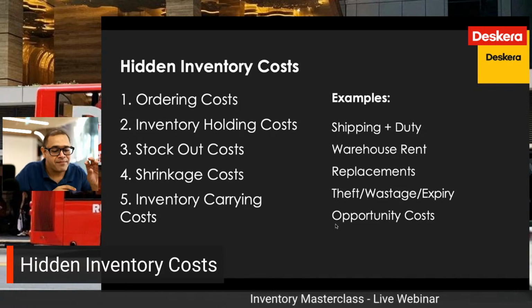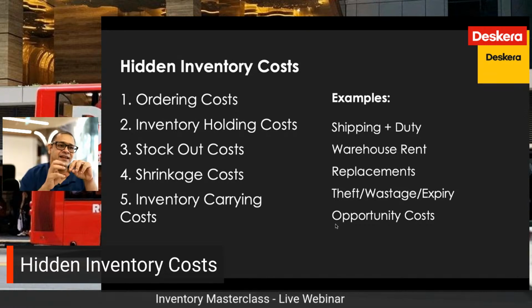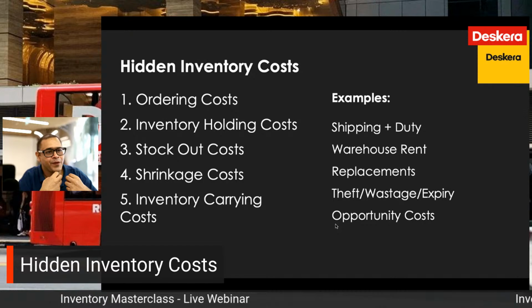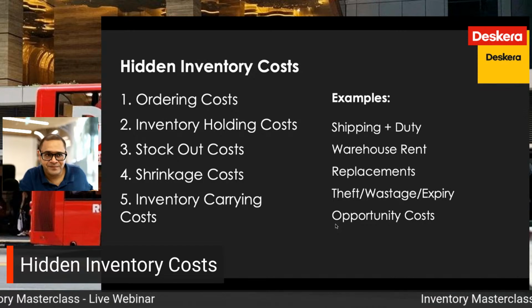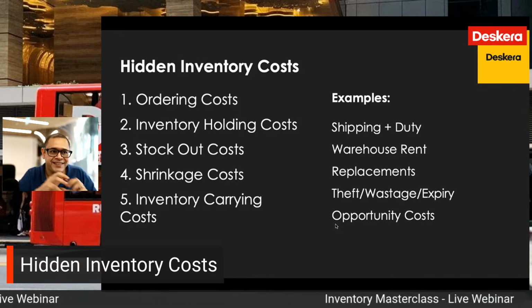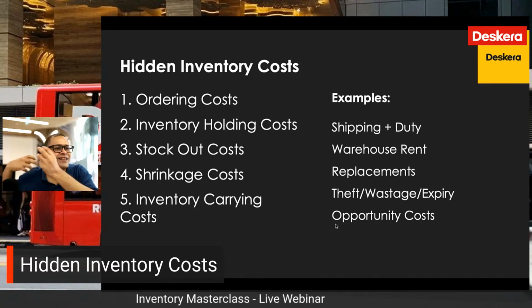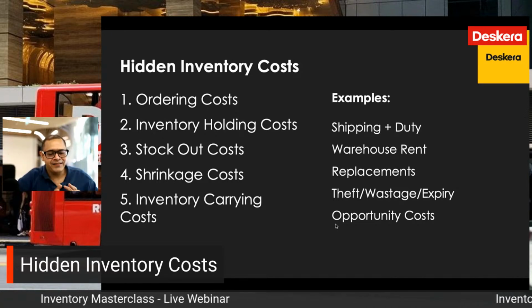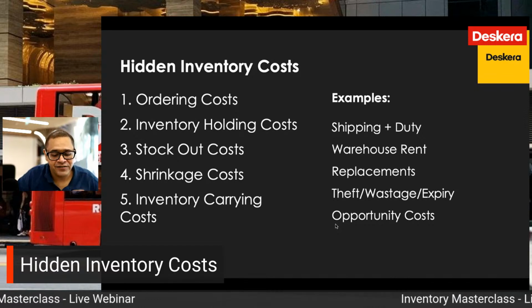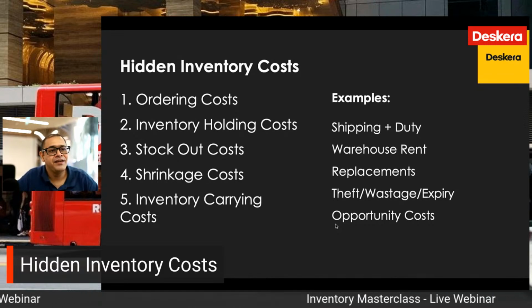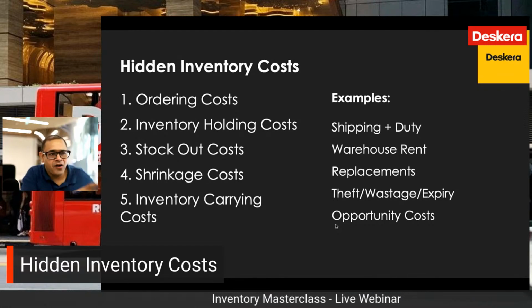So that is what I meant by carrying cost. You are carrying that inventory and your money is locked in there. If you had invested that money somewhere else, then you would have gotten some interest. And that is what I mean by inventory carrying cost, or the opportunity cost of inventory. That opportunity is lost to make money elsewhere.